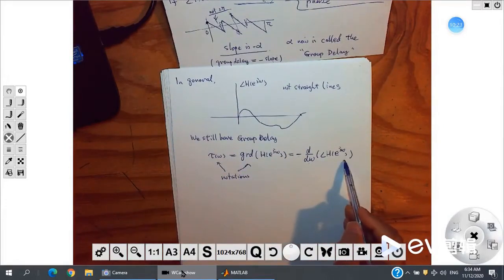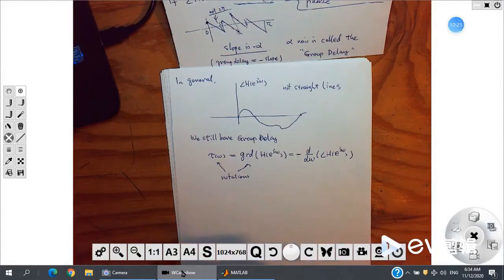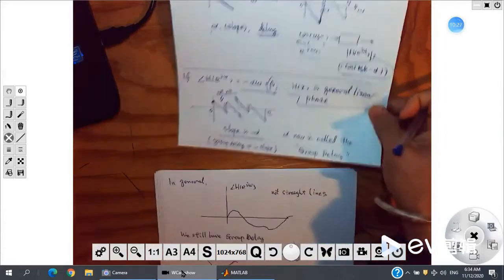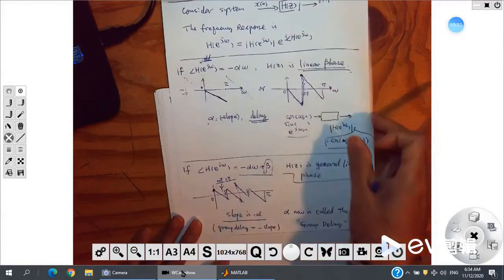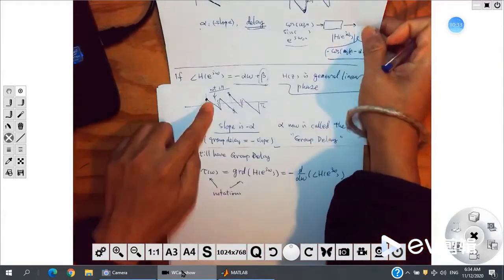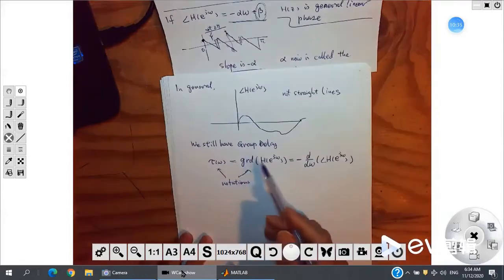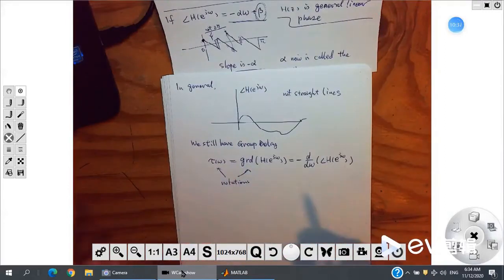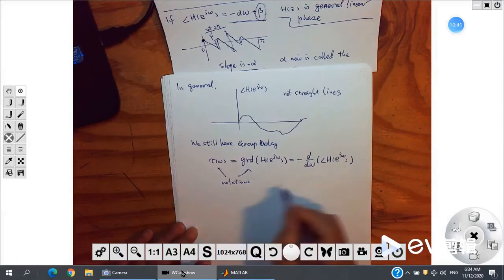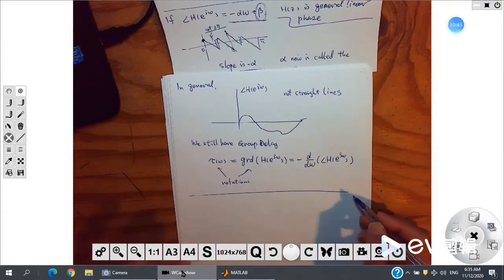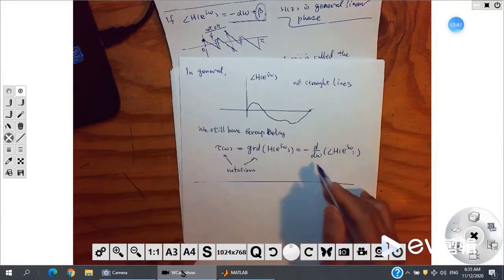You can think of this as a generalization of the concept of delay. Here is a real delay, here is a kind of generalization, and now we give more generalization for the group delay. This is just a concept. If you want to calculate it, you want to find it.